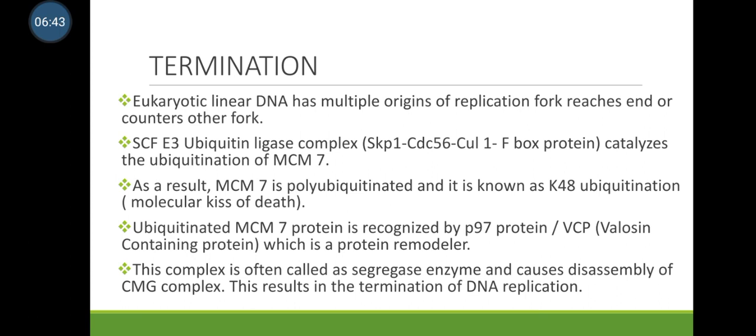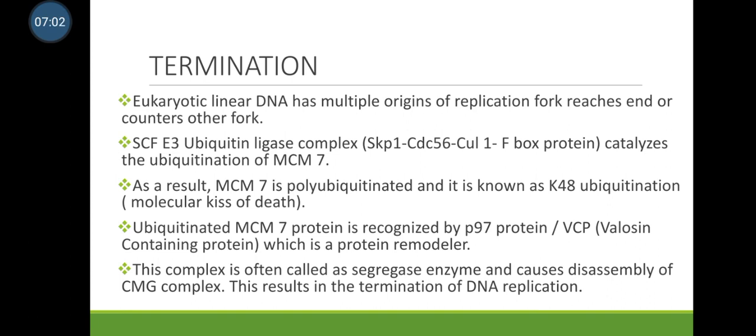Termination. Eukaryotic linear DNA has multiple origins of replication, and one fork reaches the end and encounters another fork. SCF E3 ubiquitin ligase complex catalyzes the ubiquitination of MCM7 by the addition of ubiquitin.